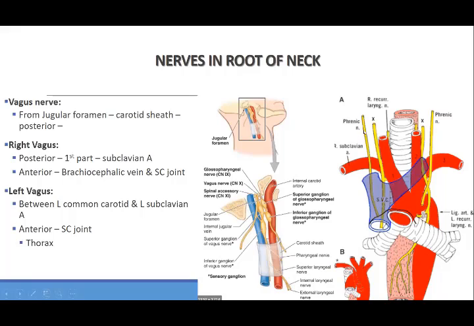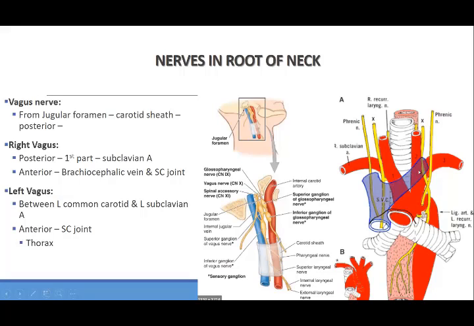Okay, right side पे आ जाते हैं. Please note that this nerve is lying in front of the first part of subclavian. ये subclavian है. Artery की बात कर रहे हैं. It is lying in front of the first part of the subclavian. So दूसरे लफ्जों में ये कि the first part of the subclavian artery is lying behind the 10th cranial nerve on the right side. And lying in front of the 10th cranial nerve, you have this brachiocephalic vein.